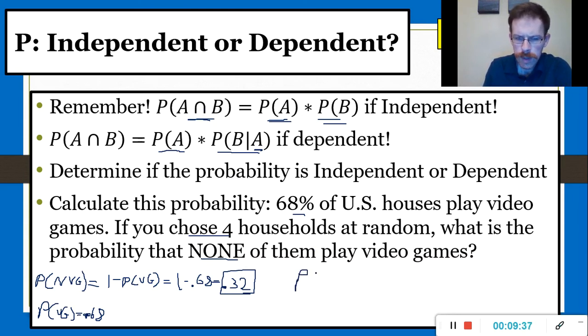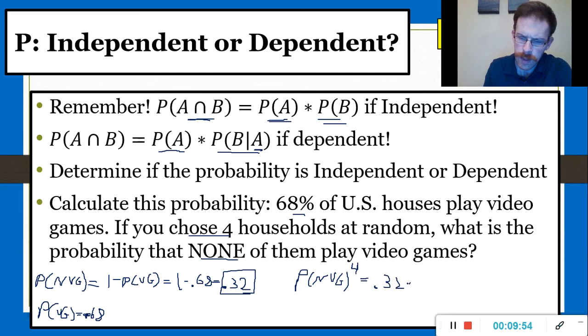So the probability that 4 houses don't play video games is not going to be 4 times this probability, it's going to be this probability to the 4th power.